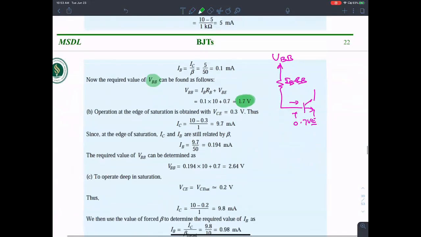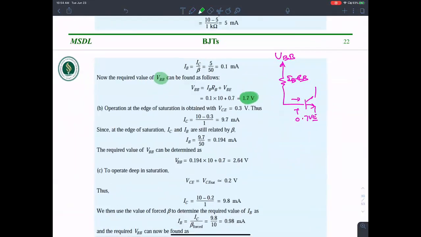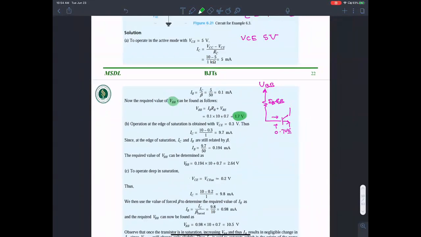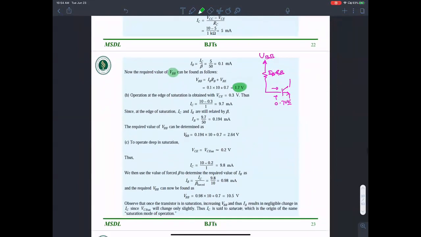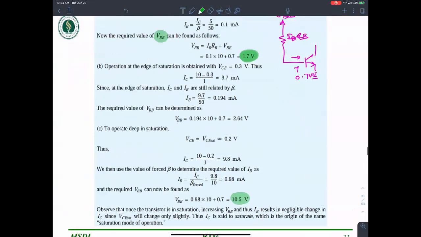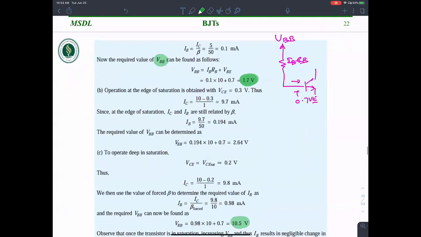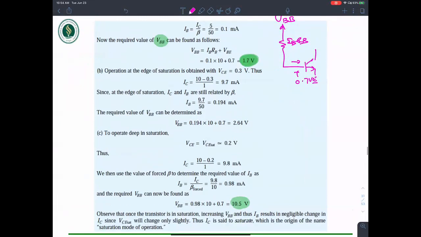Do the exact same thing for the saturation case. We use a VCE sat of 0.2 volts. Now what you will find is VBB is 10.5 volts. I don't want to run through the mathematics here, but the observation you want to make is that in the saturation region, beta forced is 10.